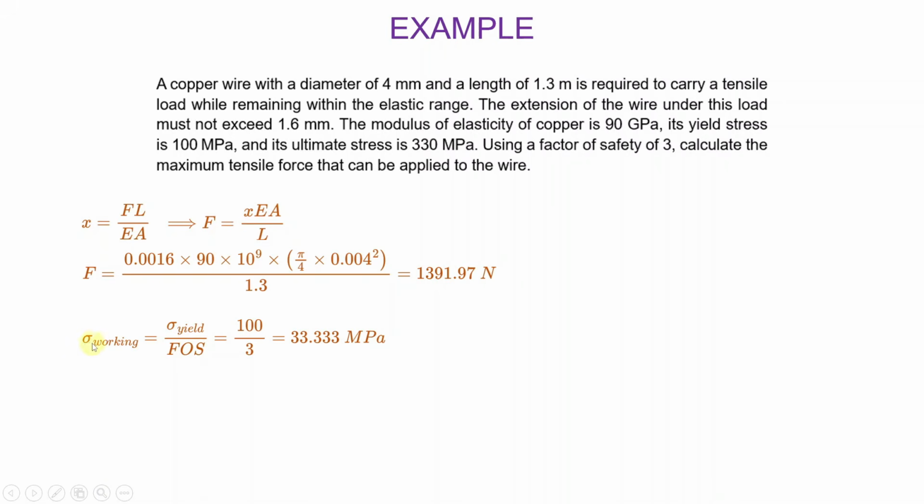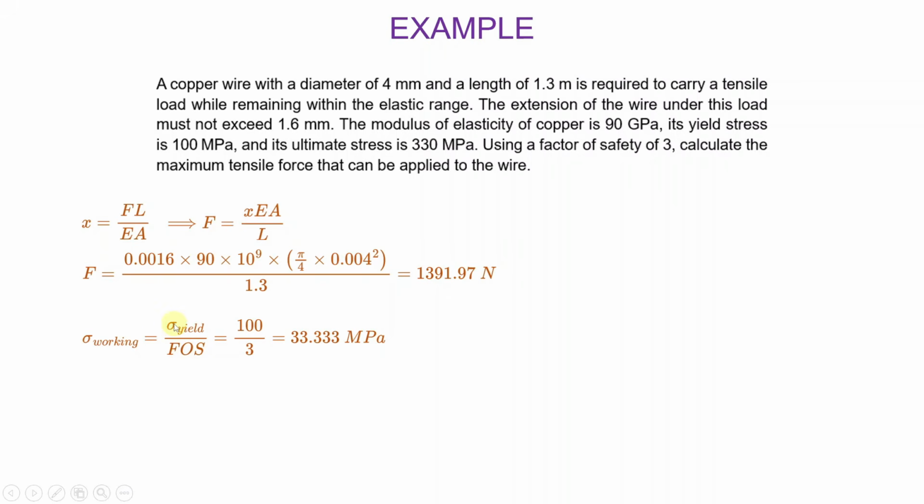And why do we need to find the working stress? It's because we will use that value for the stress to be able to determine the force, because force is equal to stress multiplied by area. But this equation for the working stress is coming from the equation for the factor of safety where we want to remain within the elastic range.